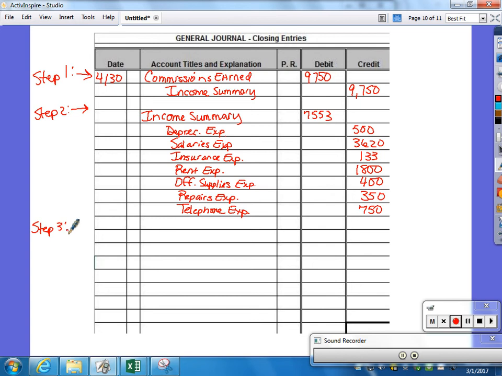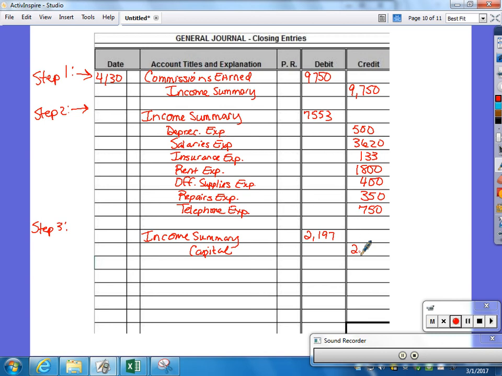So in order to close income summary to owner's capital, what do we debit? What do we credit? Debit income summary and credit capital. What is the amount? $2,197.